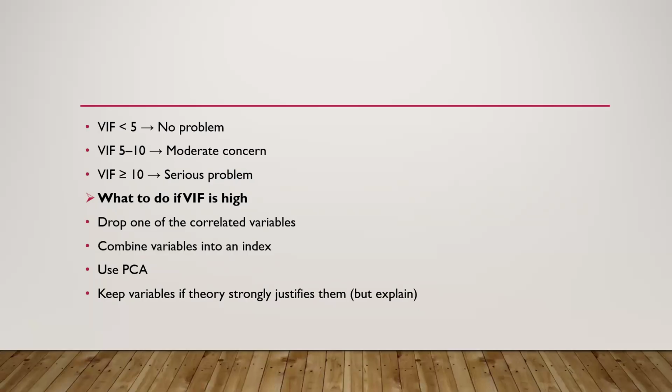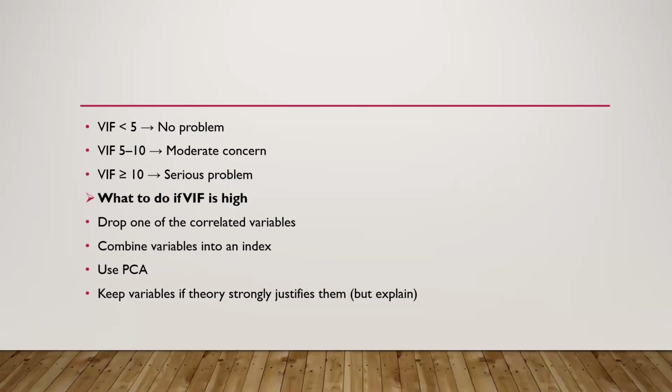But if it ranges between 5 and 10, then there's a moderate concern. But if it's above 10, then there is a serious problem. If it's above 10, there is a serious problem of multicollinearity.